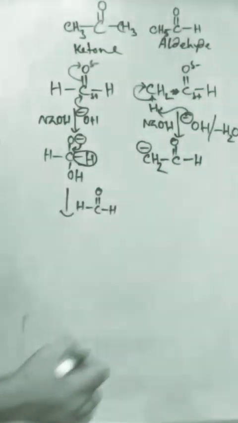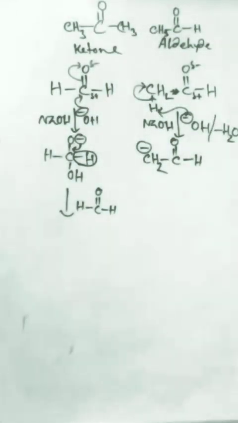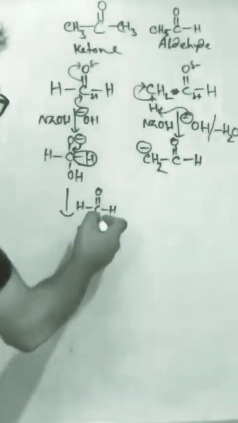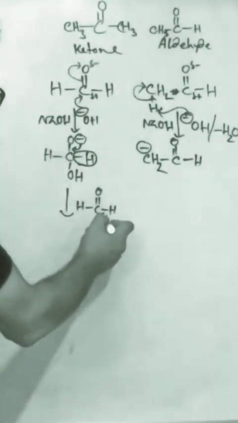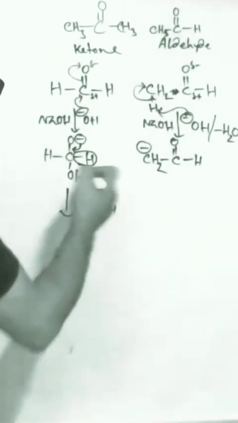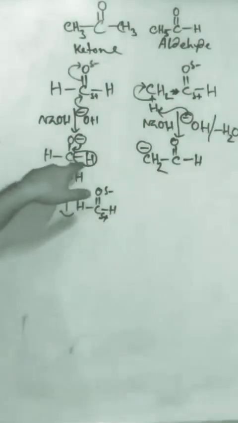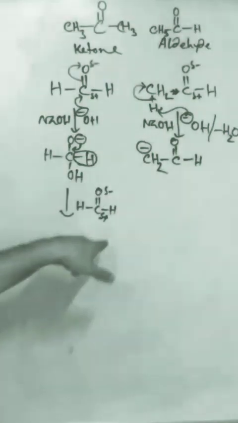So the H minus ion, a hydride ion, is a nucleophile, and here a nucleophilic center is present. Carbon is partially positively polarized and oxygen is negatively polarized, so the H minus ion removed from here will attack this carbonyl carbon.